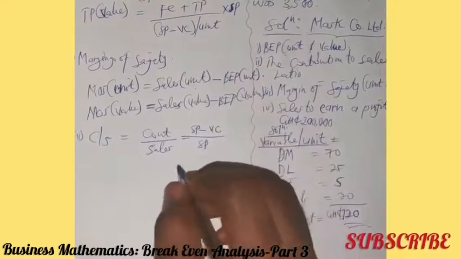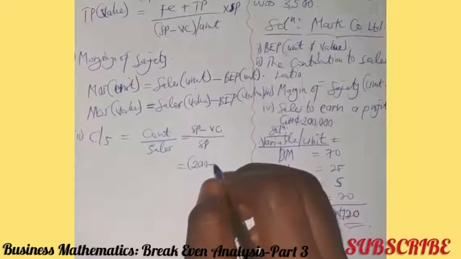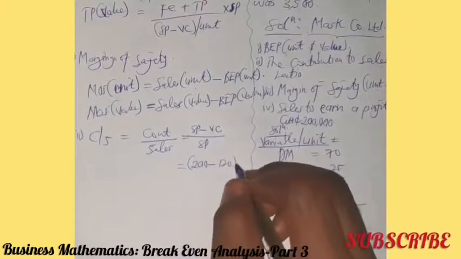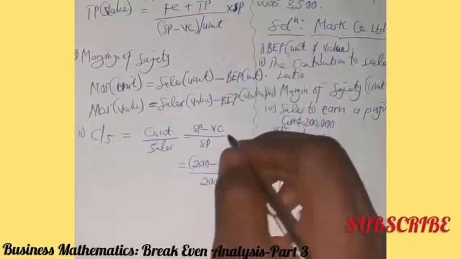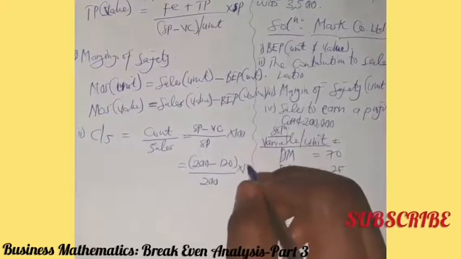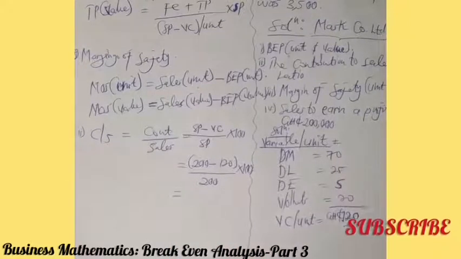So here my selling price was 200, my variable cost was 120, divided by my selling price, 200, and multiplied by 100. So when we do that, take a calculator.